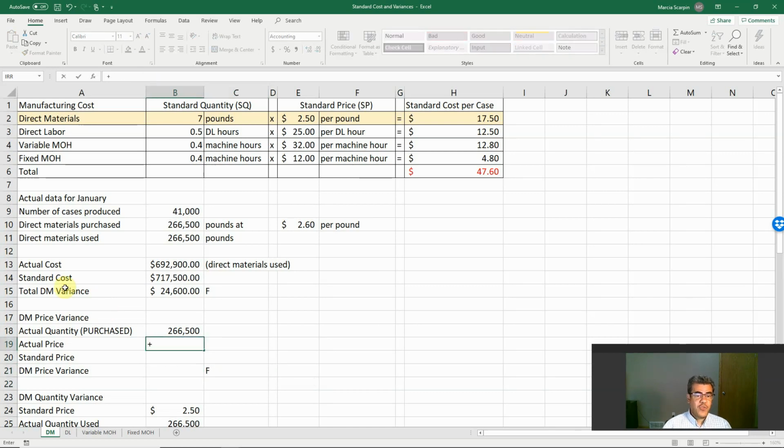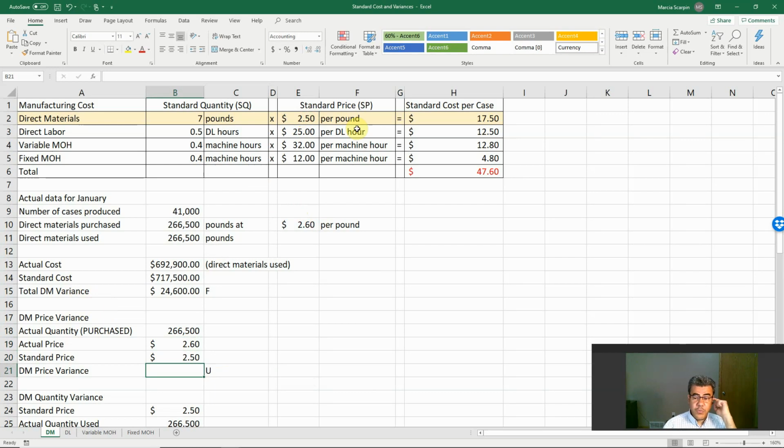So our actual price, 2.6. Our standard price, 2.5. So it will be unfavorable. We don't know how much, but it will be unfavorable, our actual price greater than our standard price.